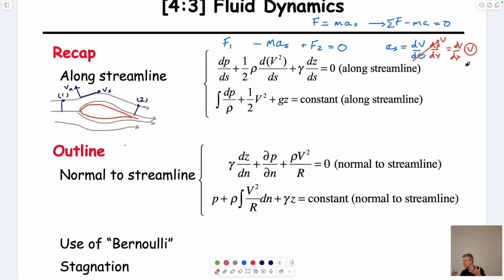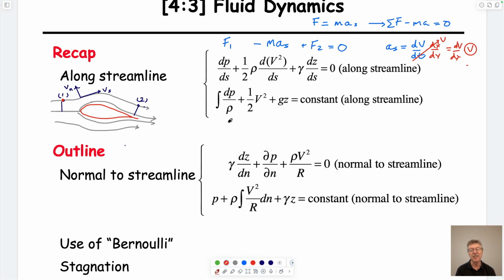Don't need to derive these, it's good to get a feel for what we're talking about. All we're doing is converting acceleration between points, how the fluid accelerates from point 1 to point 2. We're not writing it attached to the piece of fluid that's traveling, but we're attaching it just by knowing what the velocities are at each of these points. And it becomes this v squared term. If we integrate this, we get Bernoulli's equation.